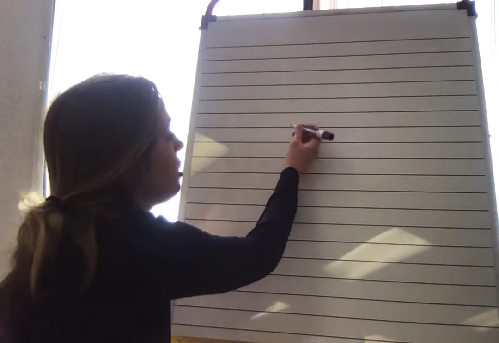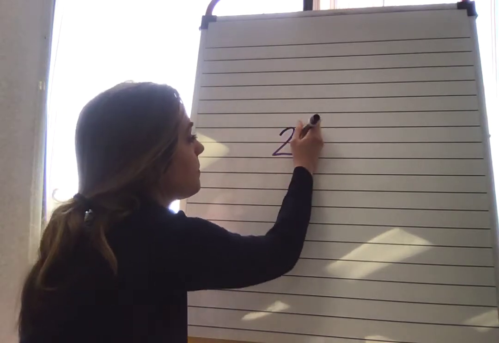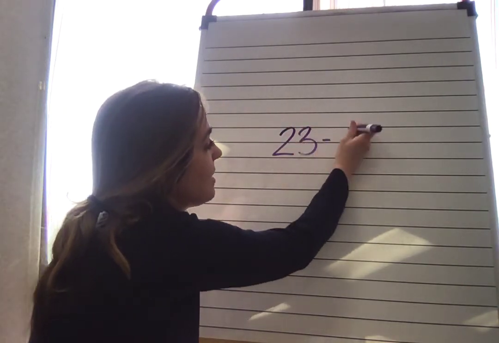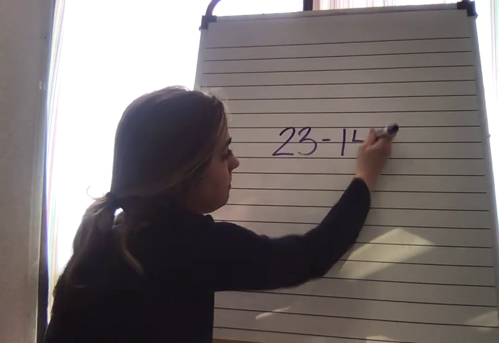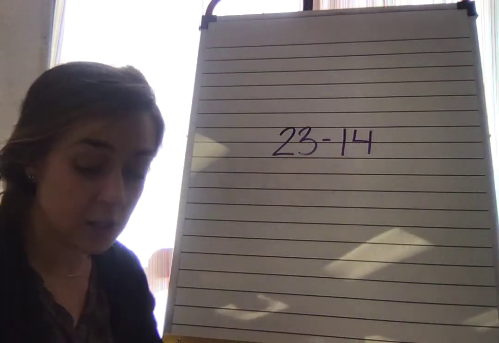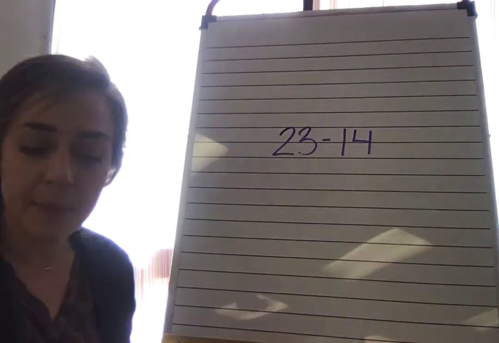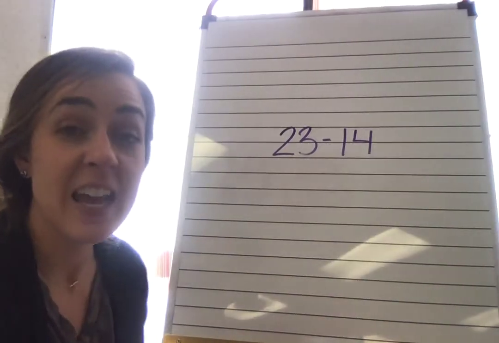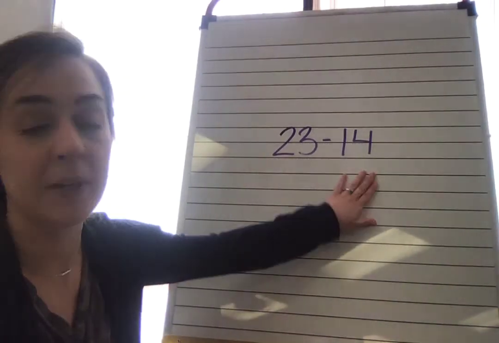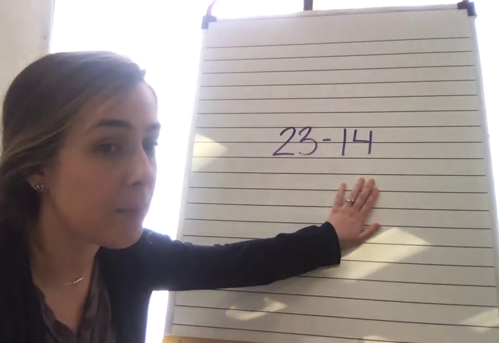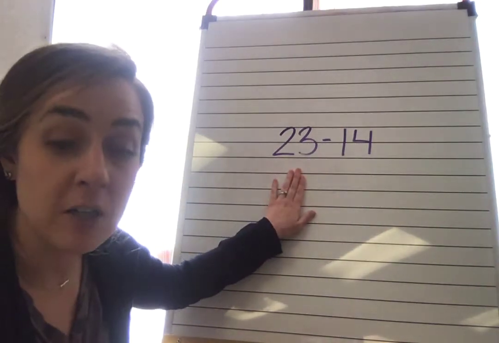So I want to know what 23 minus 14 equals. All right, so the first thing is, remember when I'm using base 10 blocks in a subtraction problem, I don't have to build both numbers like I do in an addition problem. I just have to build the first bigger number.